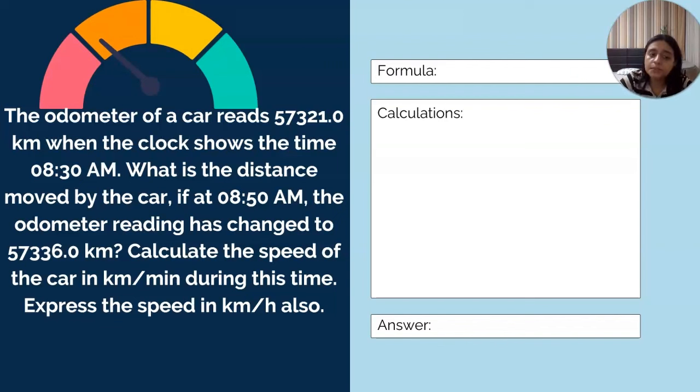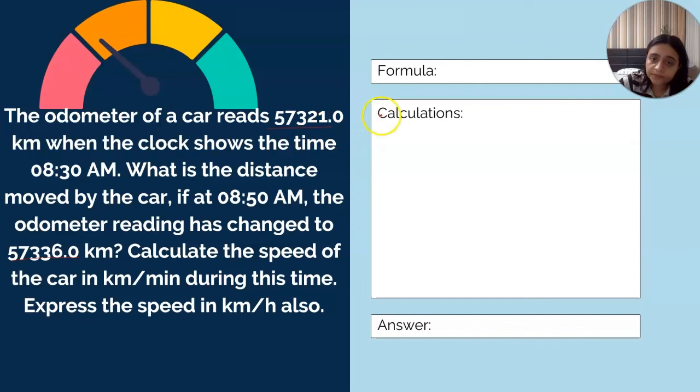Calculate the speed of the car in kilometers per minute during this time. Express the speed in kilometers per hour also. What we will do first, since you can see there are two distances given, is subtract these two distances in order to get the net distance covered by the car.